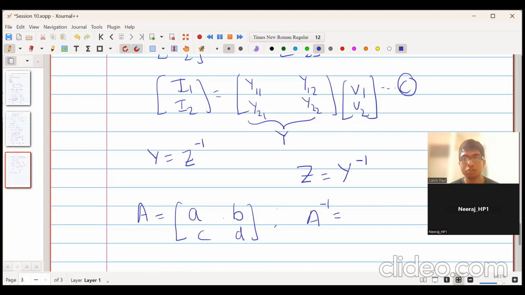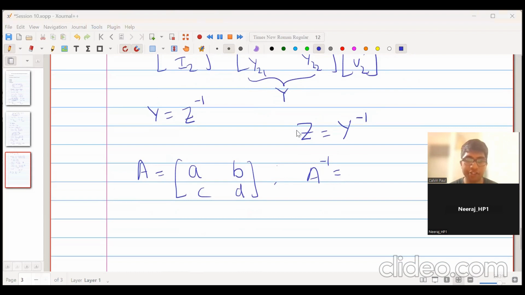Can you tell me what the shortcut formula is? You don't know? I'll tell you. What is the determinant of this matrix?